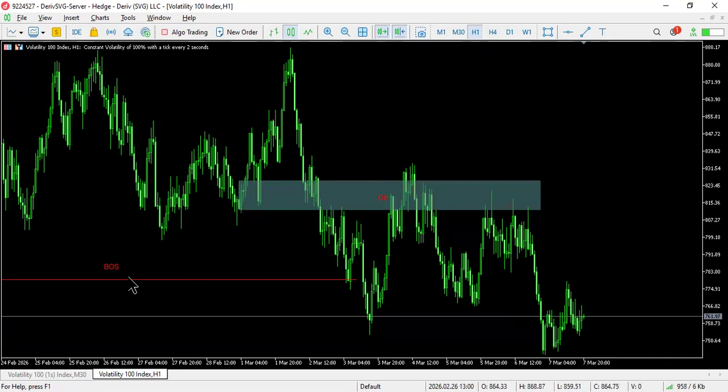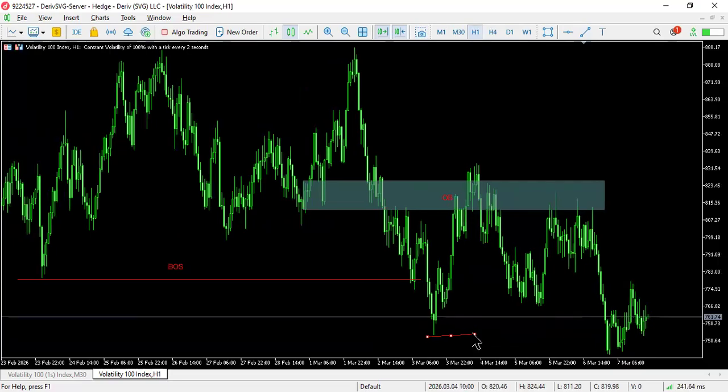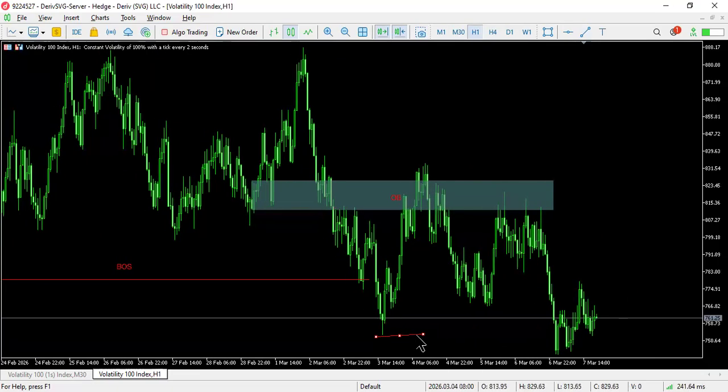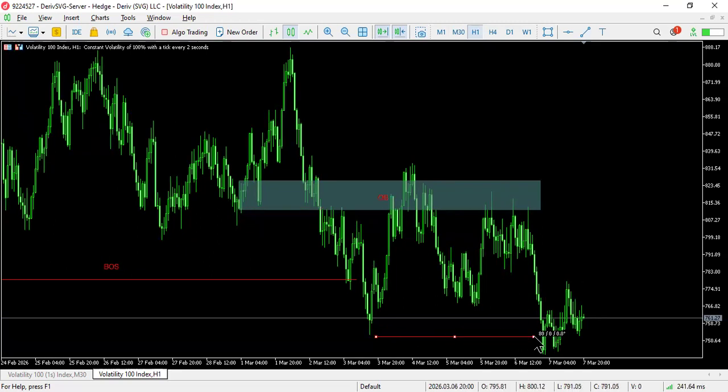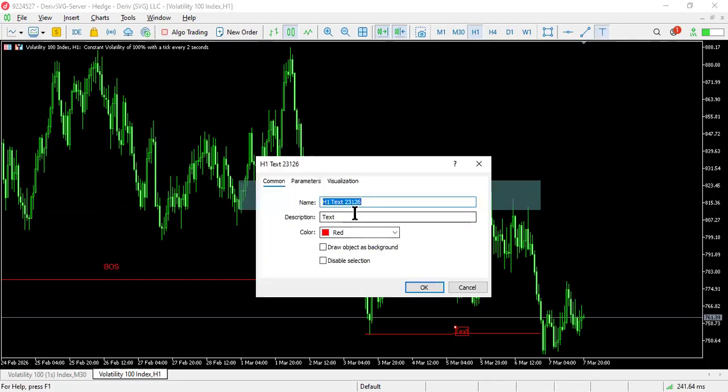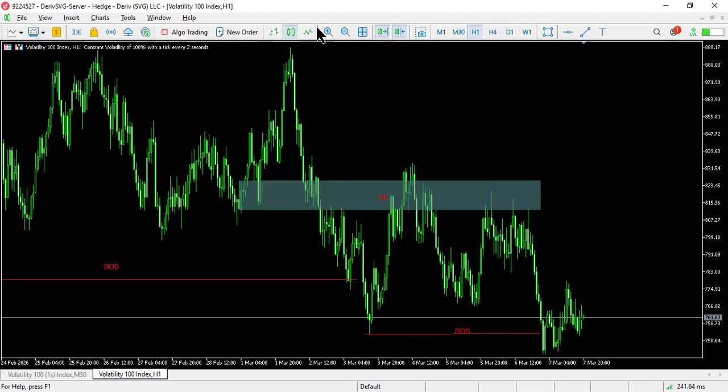We can see price broke structure, went back in to tap into the order block, and we got a push to the downside, and I can see a break of structure right there because this low was cleared. Therefore, we do have a new break of structure right there.